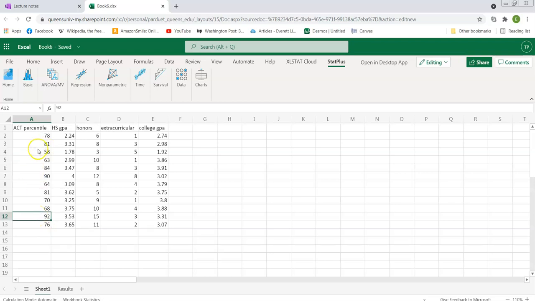So it wouldn't be valid to make predictions below that or above that. So if you want to make predictions for somebody who's had the 60th percentile, the 80th percentile, those are fine. But if 58 is the lowest data point you have, you wouldn't want to make predictions for somebody in the 40th percentile because we don't have data on that.